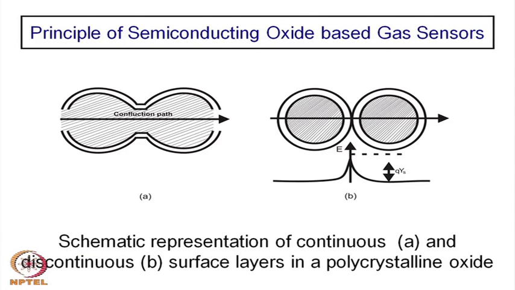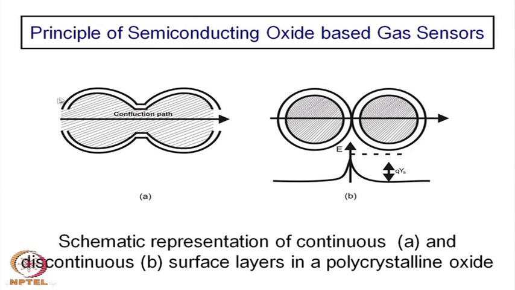Now, with this we have created, or there is a presence of, some surface layer, basically an insulating layer or an adsorbed layer, and that layer can be a continuous one like this. Okay. So, the electron can move through this continuous phase, which is a slightly insulating phase compared to the conducting phase, which is the bulk of the grains.